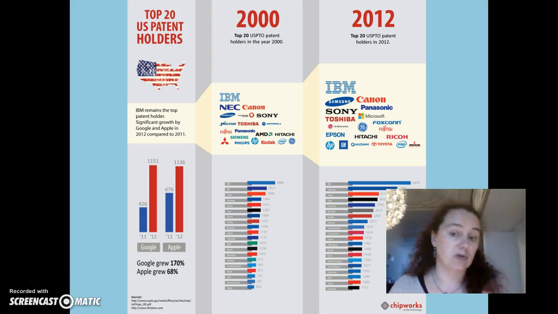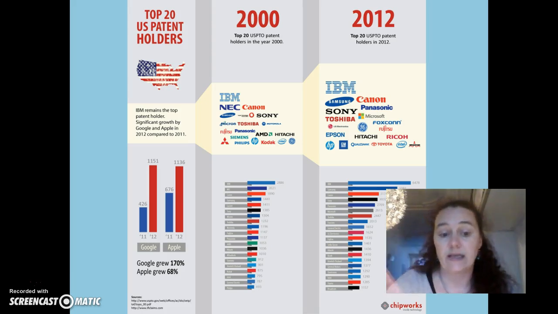One thing to mention slightly is patents, because in terms of intellectual property, they can be a big resource, but for smaller businesses it doesn't happen so often. Here's an overview, a little bit older, of the top 20 US patent holders, and you can see clearly how ICT-related businesses are on the up.